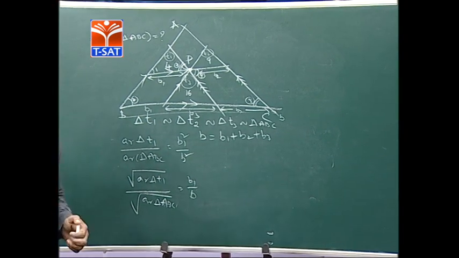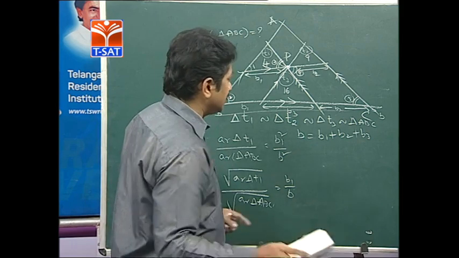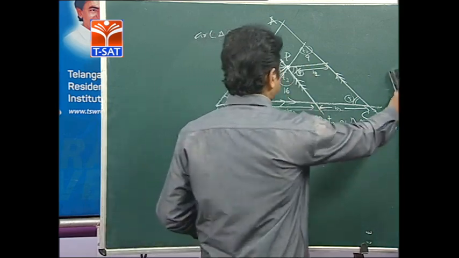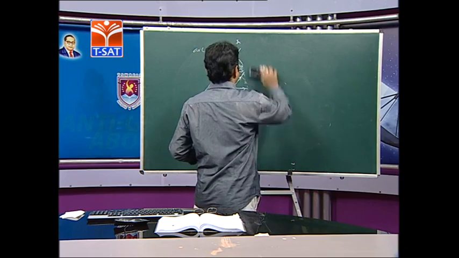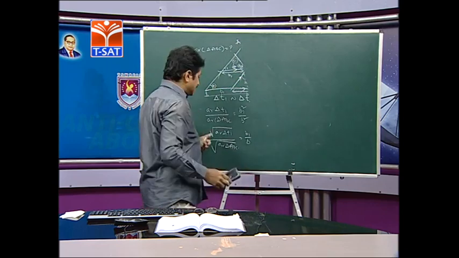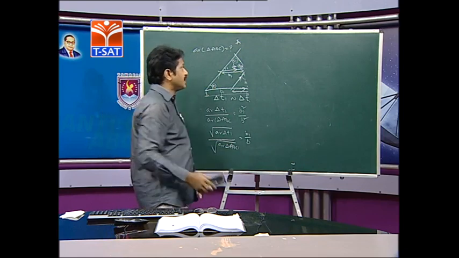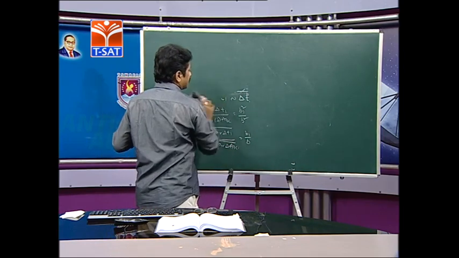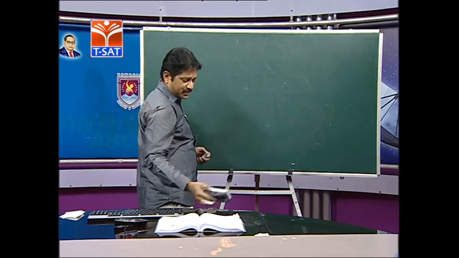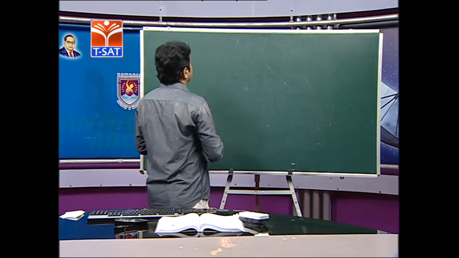Okay. Now for our convenience, I am erasing all these things. So I am taking the total. Do you understand? Square root of area of triangle T1 by square root of area of triangle ABC is equal to B1 by B. I am taking the same property and writing three equations. What are the equations?